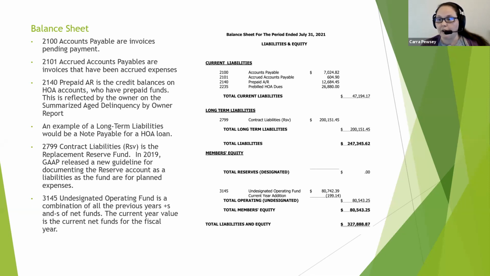Currently they're running a net negative of $200. So that operating fund can be used to assist with cash flow, right? Anytime you have expenses that are quarterly or annual, you tend to bump up that month in terms of budget versus actual. Got it.